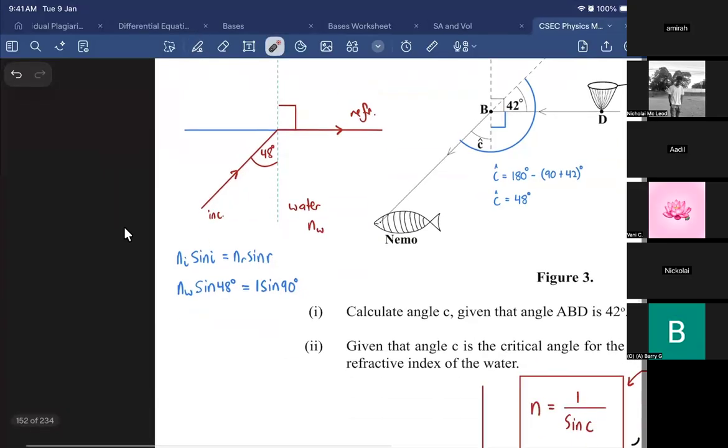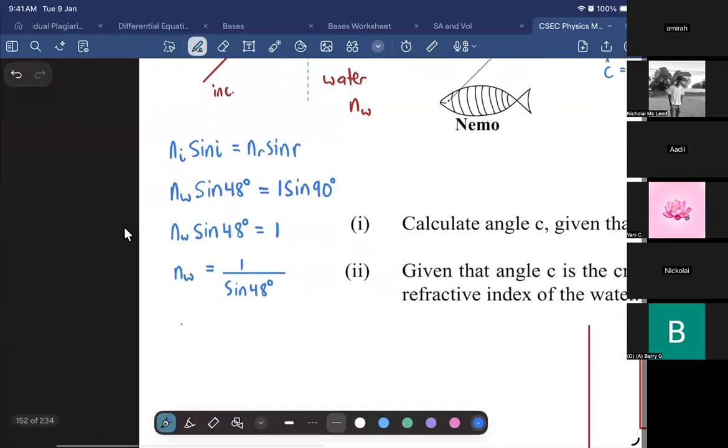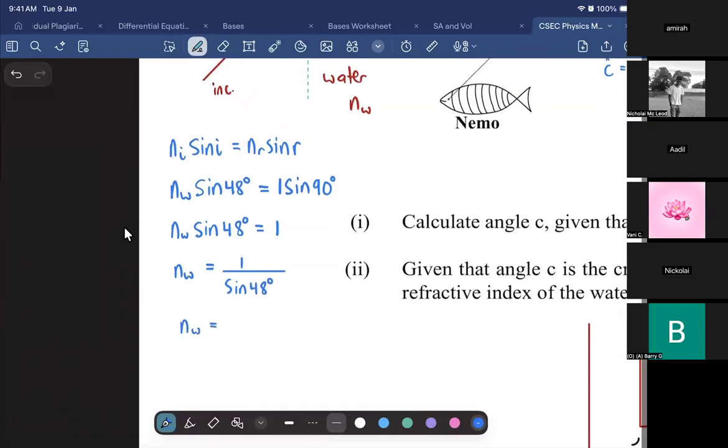All right, let's simplify this now. What is 1 times sine 90? 1. How would I find nw? 1 over sine 48 degrees. And you get your answer one time. Plug into your calculator and you should get 1.35.